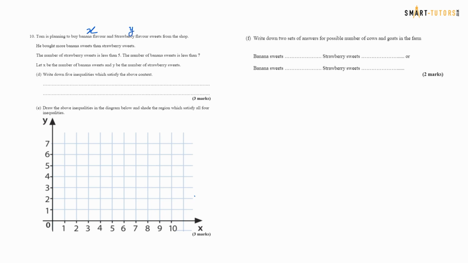He bought more banana sweets, so x is more than y, the strawberry sweets, right? And the number of strawberry sweets is less than 5, right?